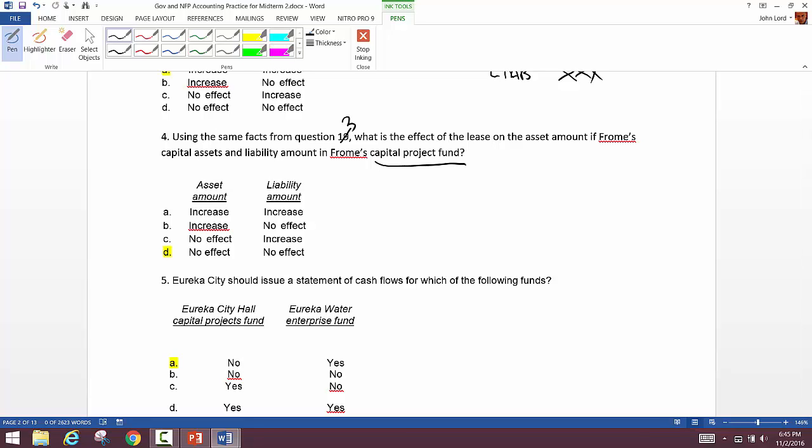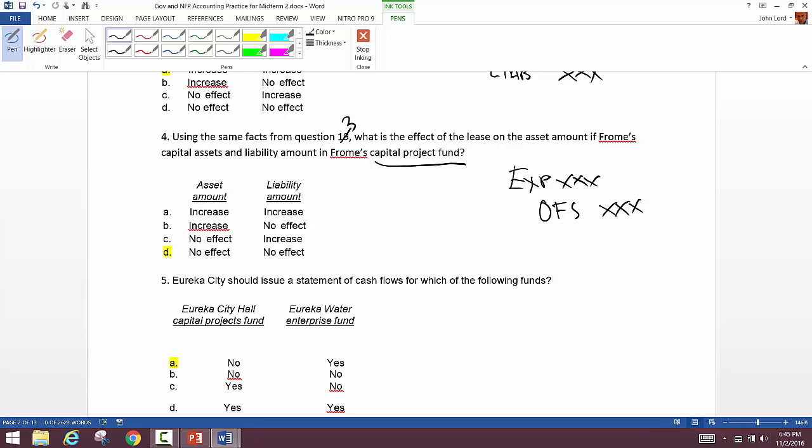Governmental fund uses modified accrual accounting. Under modified accrual accounting, when you purchase an asset under capital lease, you debit expenditure, you credit what? Other financing sources, right? Neither is an asset nor a liability, right? So the answer is no effect. Okay, good.